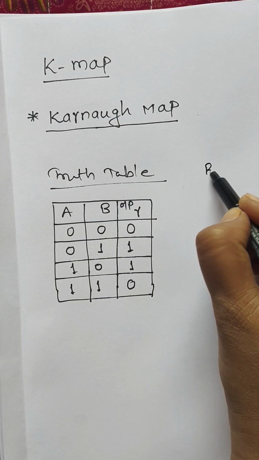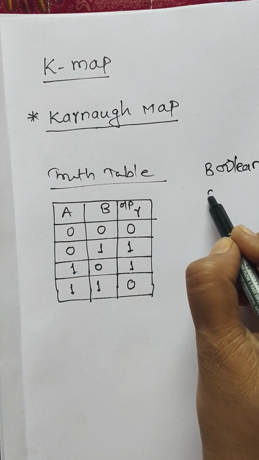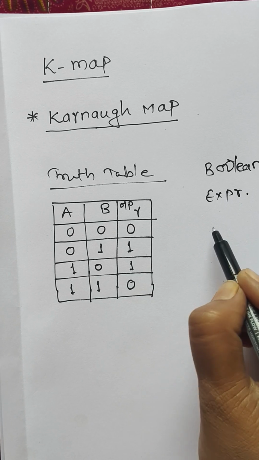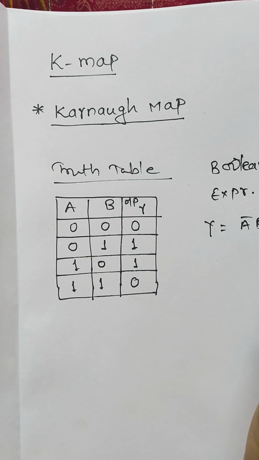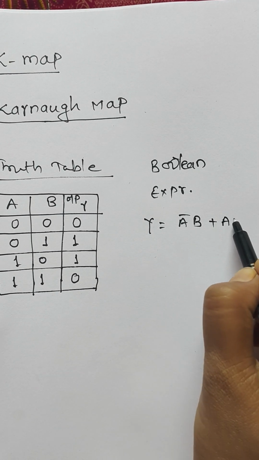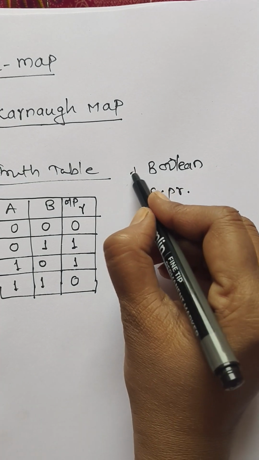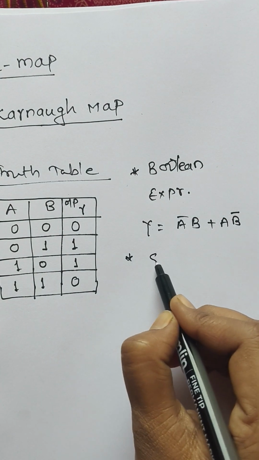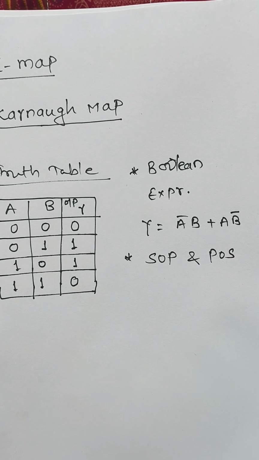Then suppose we have Boolean expressions like Y = A bar B plus A B bar. Then you must know the terms SOP and POS.